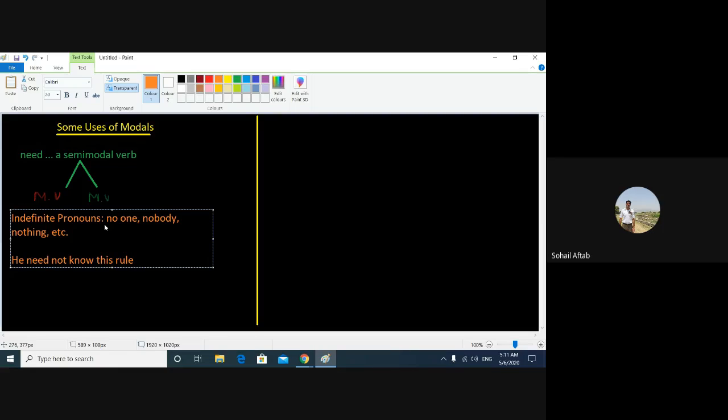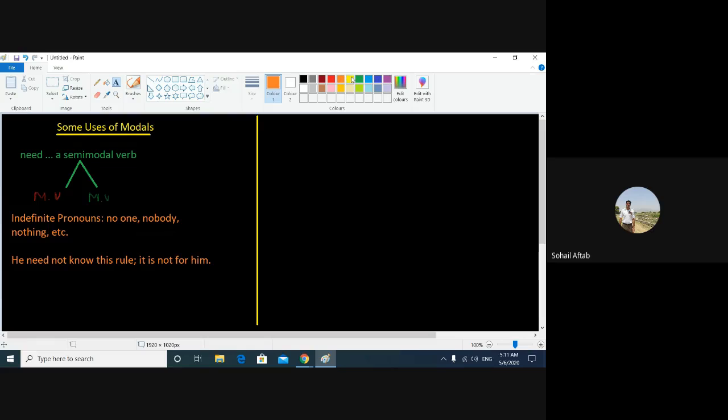Okay? It is not for him. Here you see the structure is slightly different. He need not know this rule.